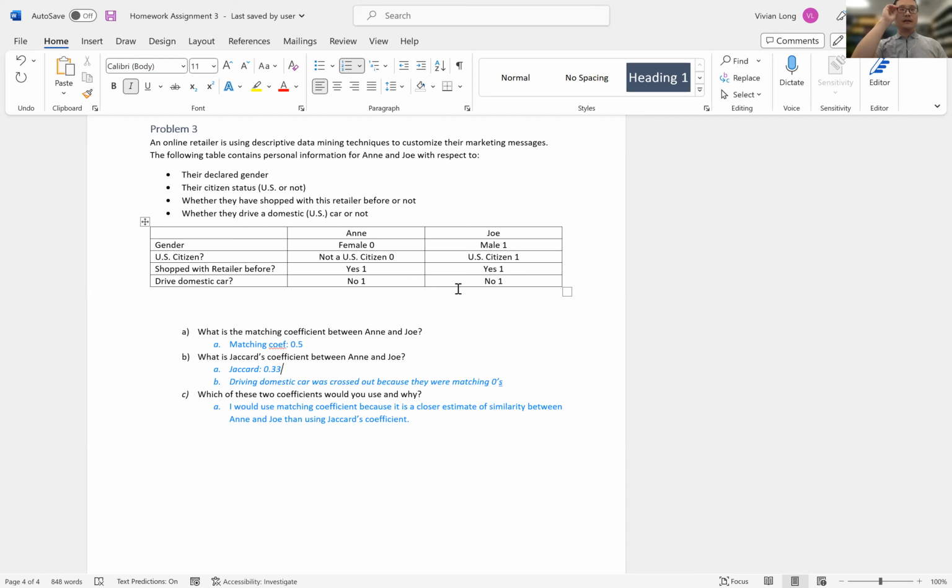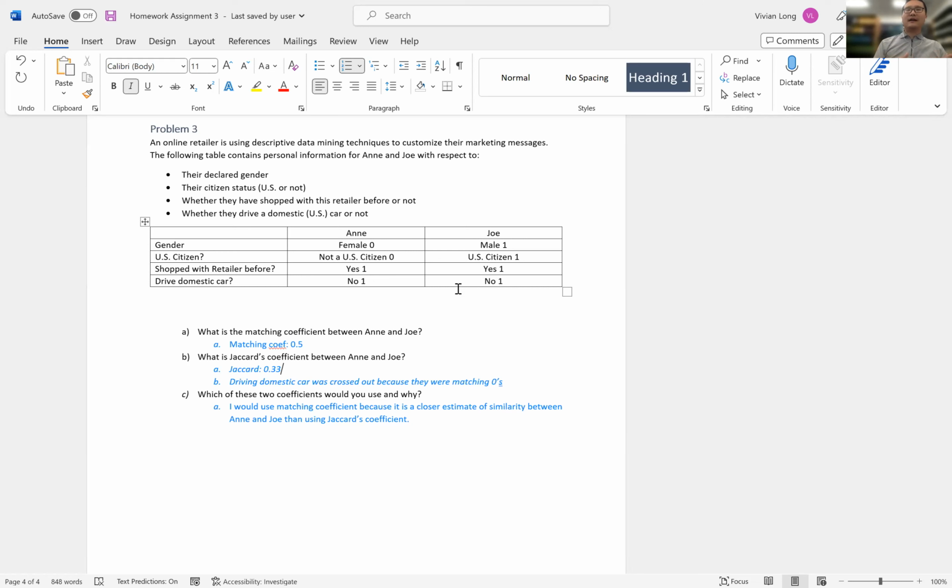So if driving a domestic car does not indicate similarity, for example, I drive Ford, whereas another person drives another US brand, but they're not the same brand, so we may have very different preferences for car brands.